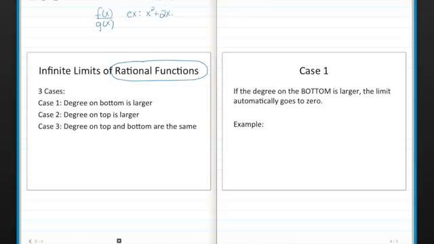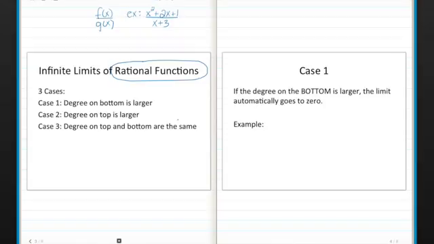For example, if you're looking at a function that looks like x squared plus 2x plus 1 over x plus 3, we have a function on the top, our x squared plus 2x plus 1, and a function on the bottom, x plus 3.